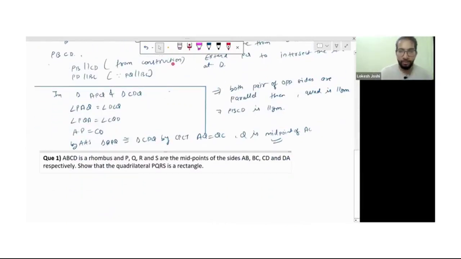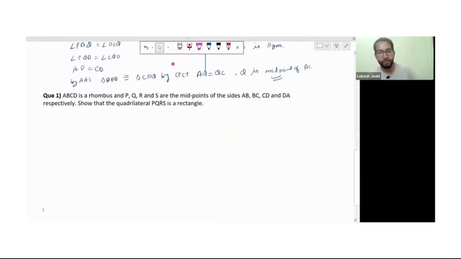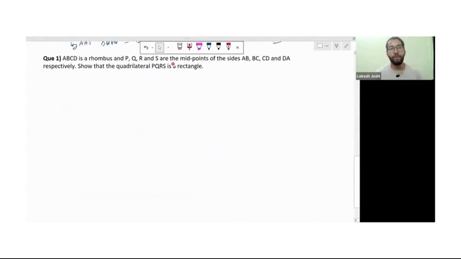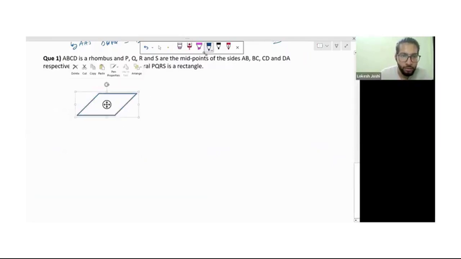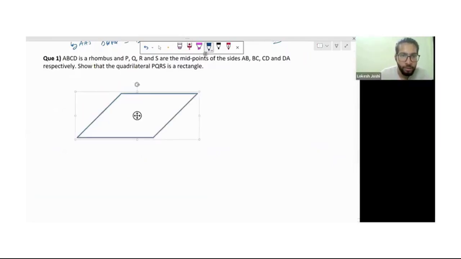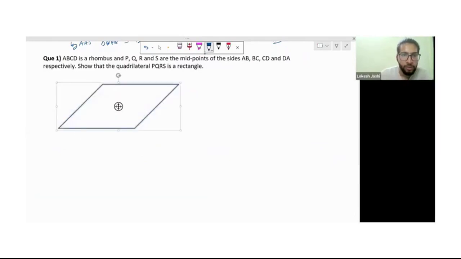Now we have a question there. We have to complete this one by using the above property. So what we have? ABCD is given a rhombus. So first of all, let me draw a rhombus. Okay, so ABCD is a rhombus.